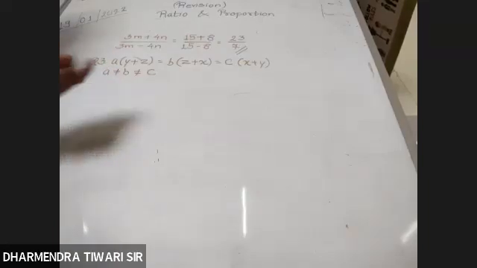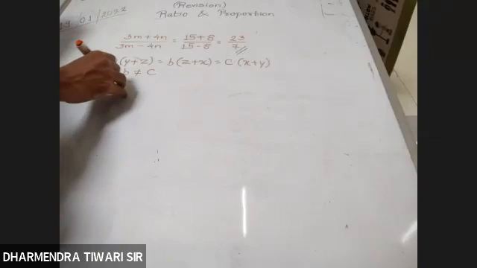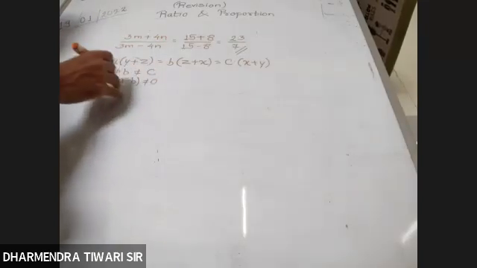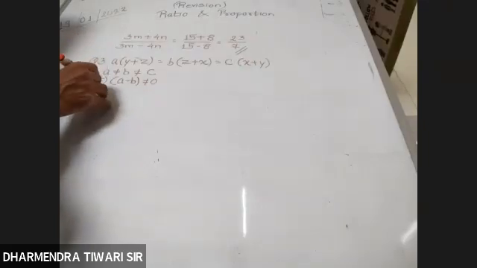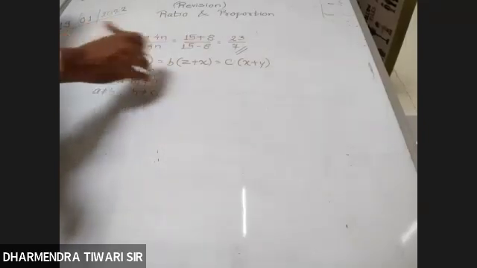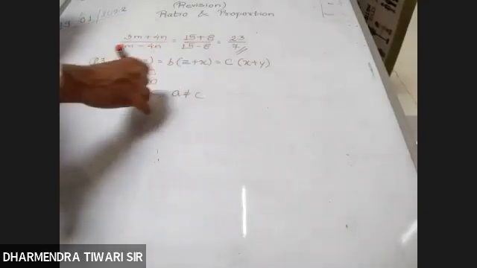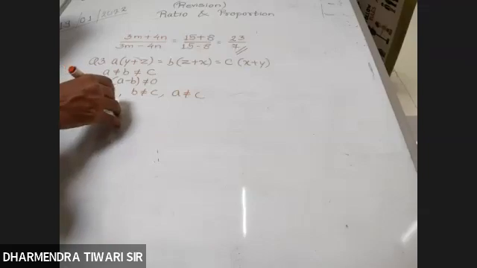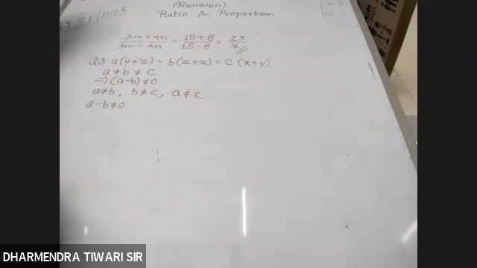by this we can conclude that a - b is non-zero. How did you get this? Just take the combination: a not equal to b, another combination: b not equal to c, and one more combination: a not equal to c. Take b to the left-hand side, so it takes the form a - b not equal to 0. Just we are taking the additive inverse on both sides, like subtracting b on both sides.